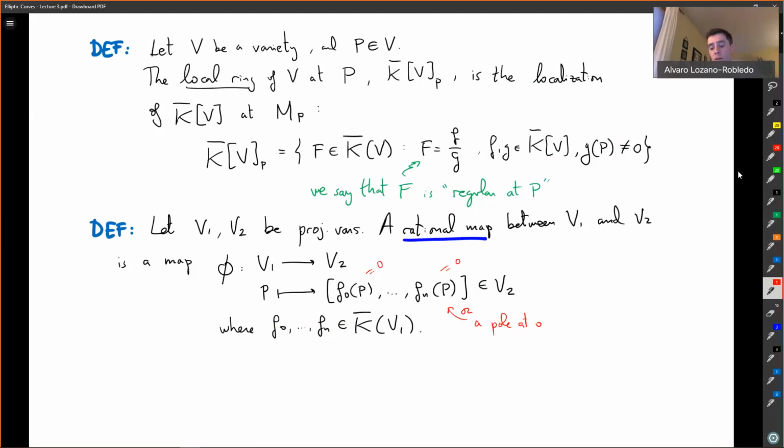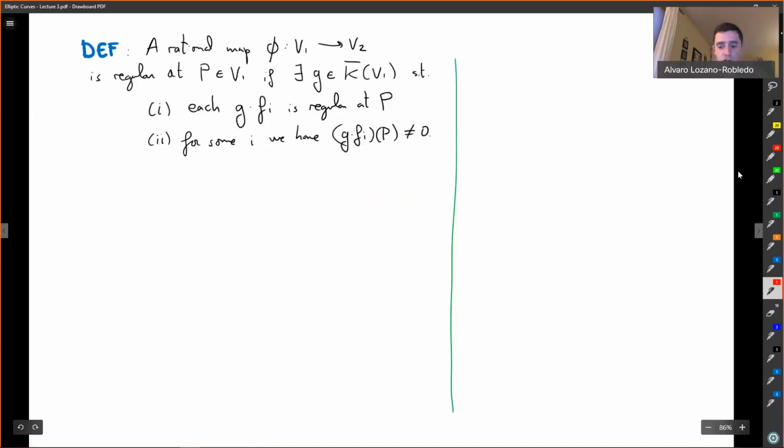However, because of the projective definition of the map, we can scale the whole vector by some other function, and then see if that helps. So what is happening here in the definition of regular is allowing that there might be another function that I can multiply all the functions fi by that makes the map regular at P. But let's just finish the definition here, and then a rational map is regular at P. That's what we define there.